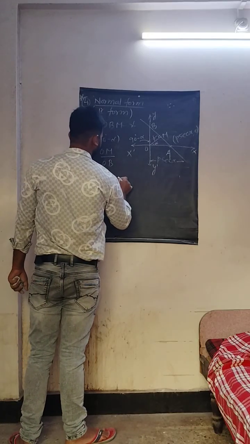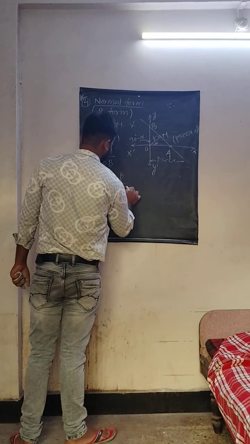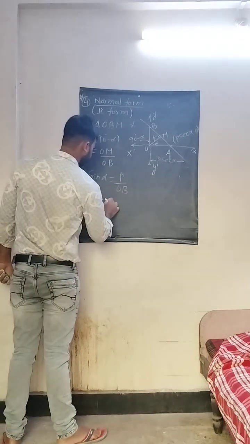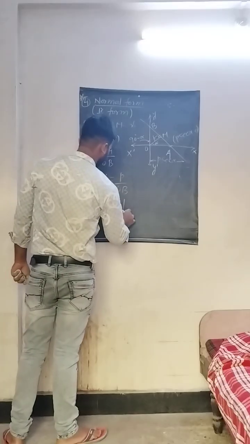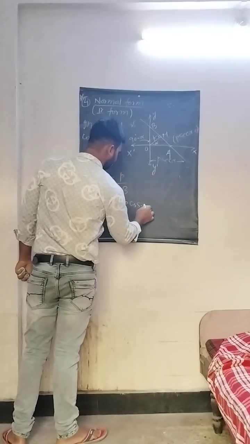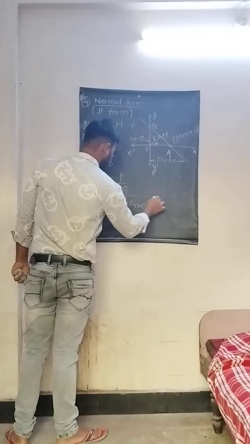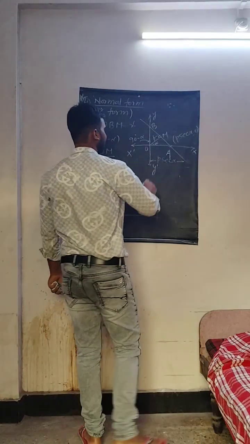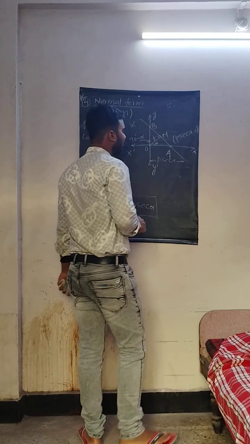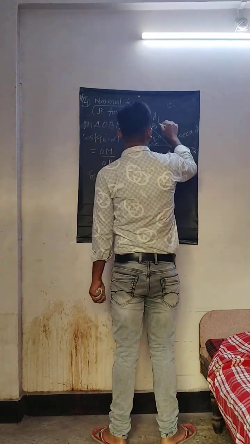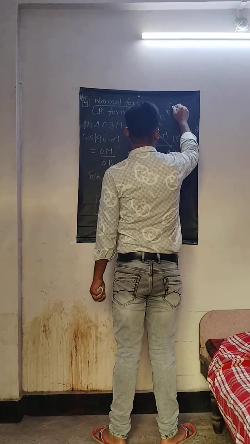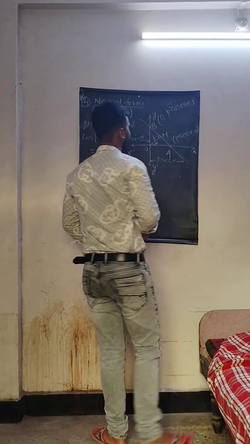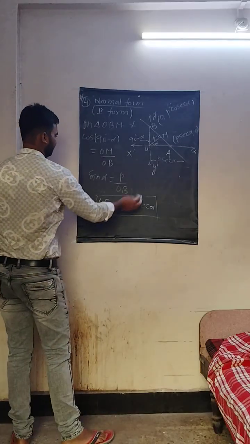OM is P, divided by OB. What is OB? OB is equal to P by sin alpha, means P cosec alpha. Length of OB is P cosec alpha. It means coordinate of point B is 0, P cosec alpha.